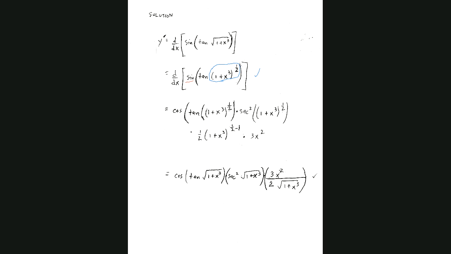The derivative of the sine is the cosine. The derivative of the tangent is secant squared. The derivative of something to the half power is this here. And finally, the derivative of 1 plus x cubed is 3x squared. Let me give you a moment to copy it down, and let's see if there are any questions on that.